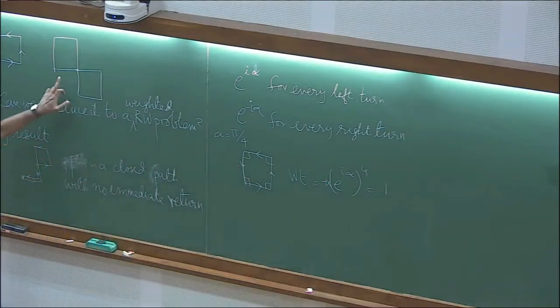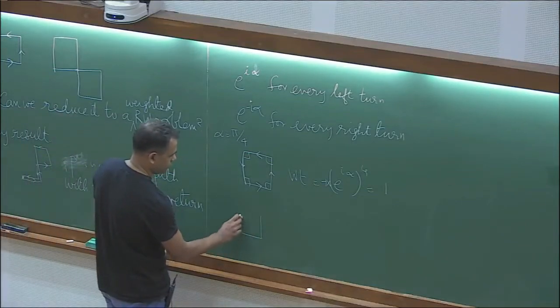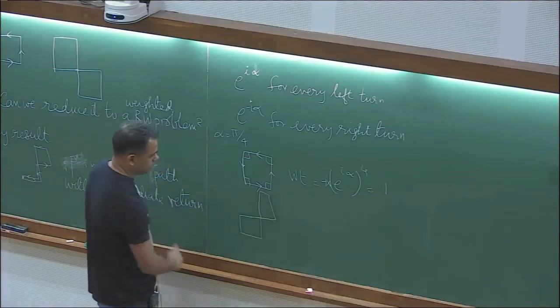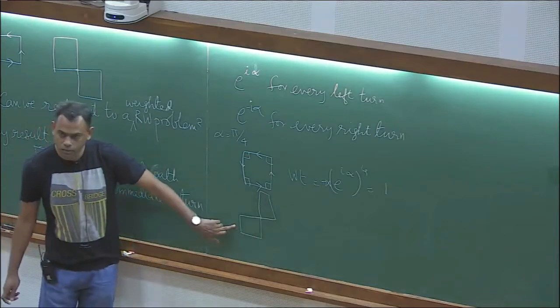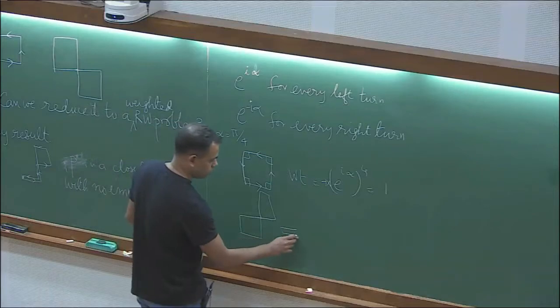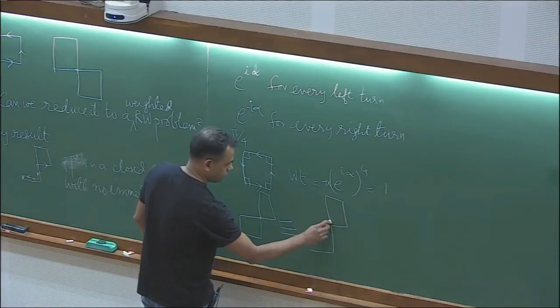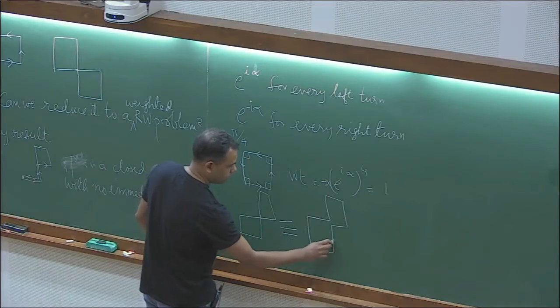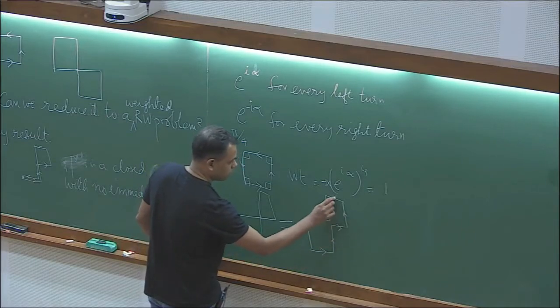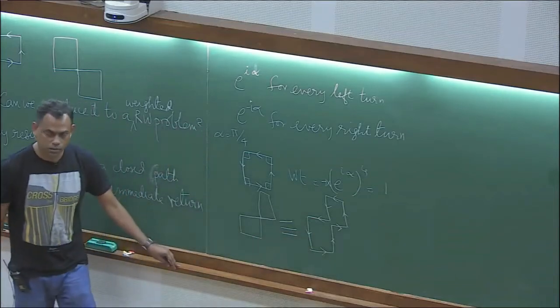Now let me take a polygon of this kind. So this is my graph. I can put arrows in many ways. This is one way of drawing the arrows.